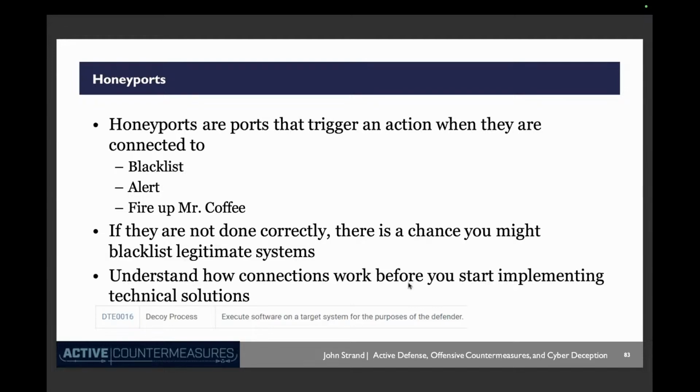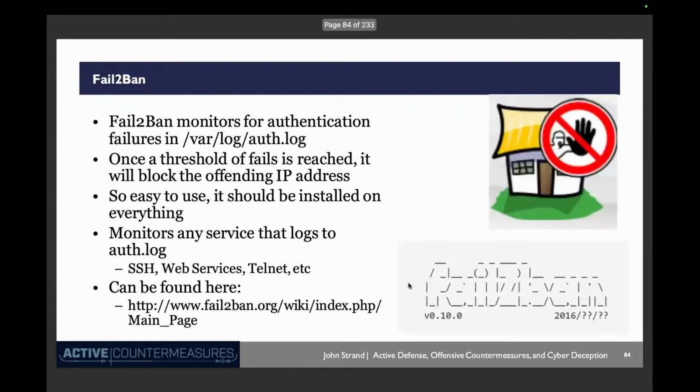But there's a number of cool things you can do when you understand how connections work before you start implementing them. Now, there are some other services you can put in. If somebody does multiple failed login attempts against a server, it can trigger something like Fail2Ban. So regardless of what the service is, as long as it's logging, Fail2Ban will watch the authentication logs and it'll look at these for web servers, Telnet, SSH.